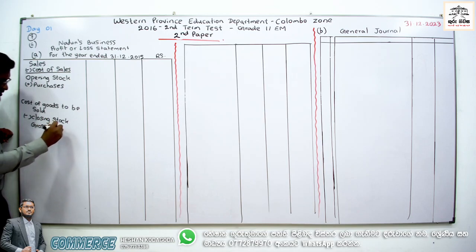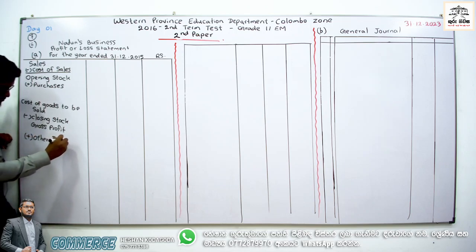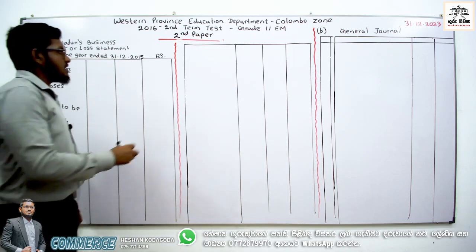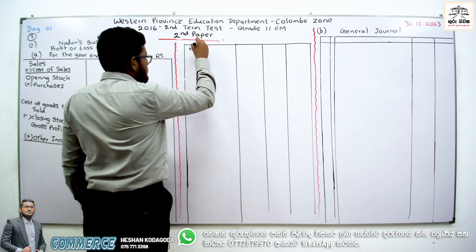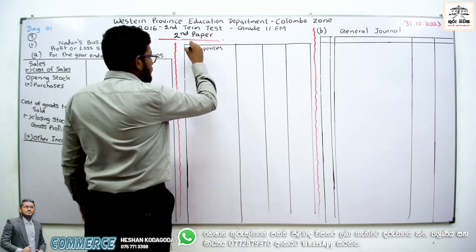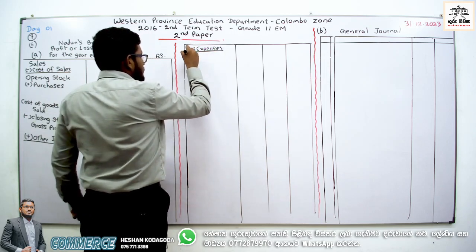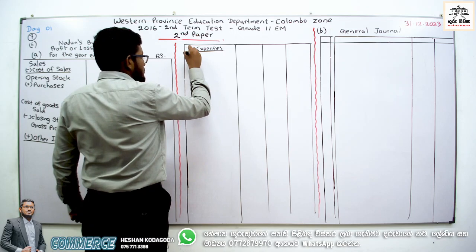Once you calculate the gross profit, plus other income. Keep 5-6 lines, then write expenses. You know the structure of expenses. First of all, write distribution expenses.